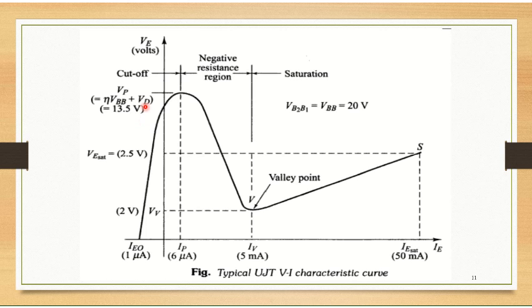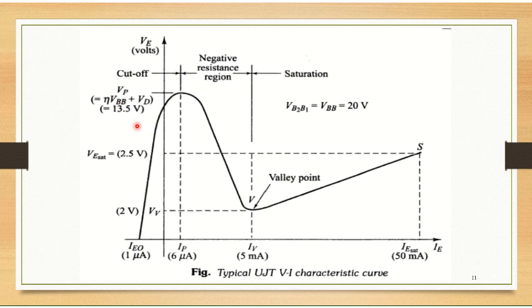Based on that, as you can observe, VP varies with VBB. If you vary VBB, the peak voltage at which the UJT shifts from cutoff to saturation depends on VBB.